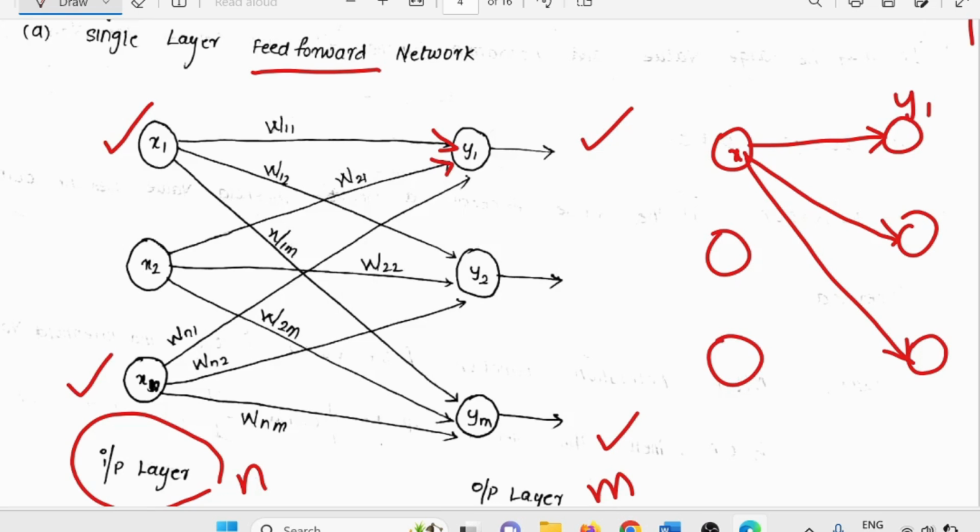So how will you write the weights? First input to first output w11, first input to second output w12, and first input to the third output, that will be w13. Similarly you can do for the other neurons also. So first you will write the subscript of the input, and second you will write the subscript of the output.